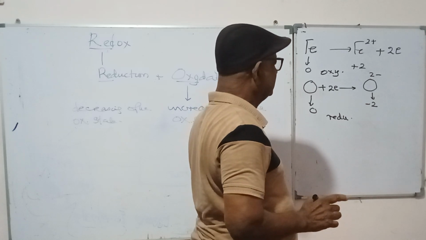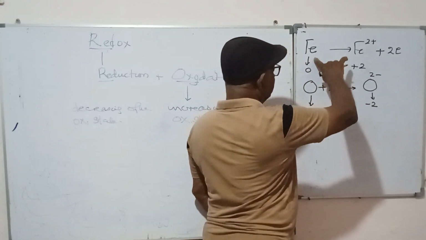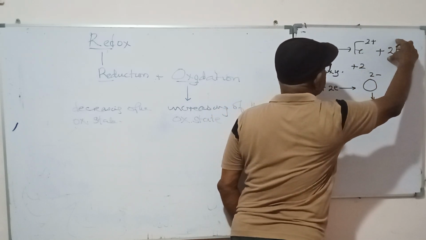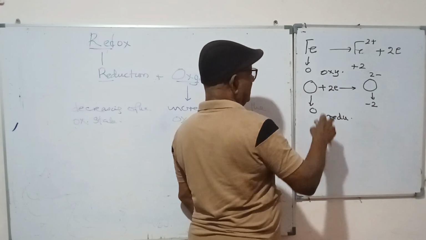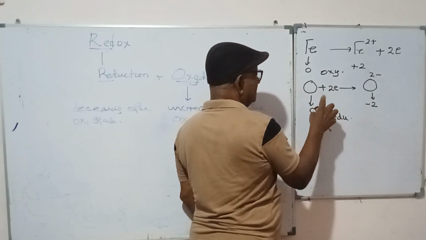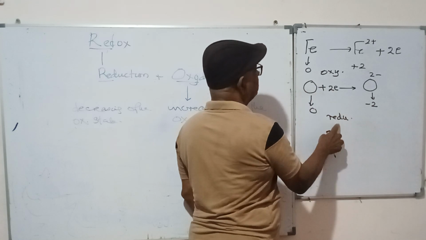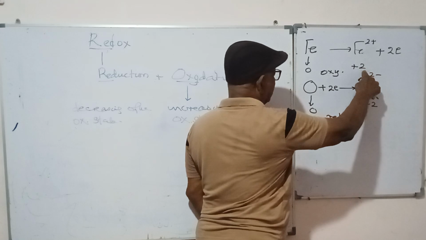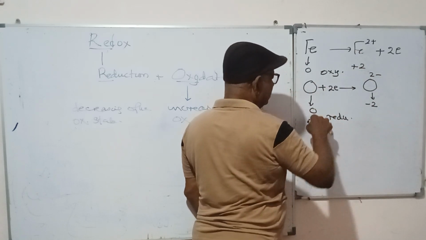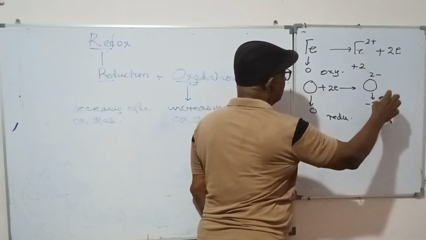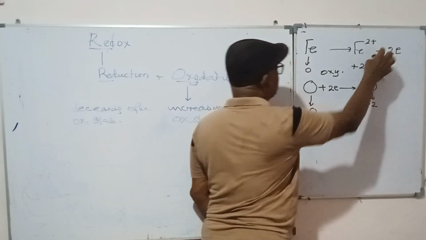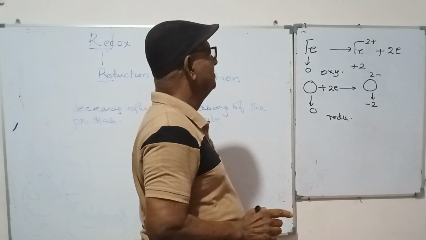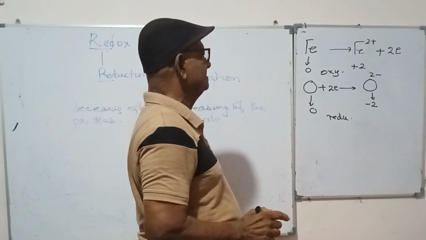Then it is clear that during the oxidation, removal of electrons takes place. During the reduction, gaining of electrons takes place. Due to that, increase of the oxidation state occurs during the oxidation, and decreasing of the oxidation state occurs during the reduction, right? This is the explanation of oxidation and reduction.